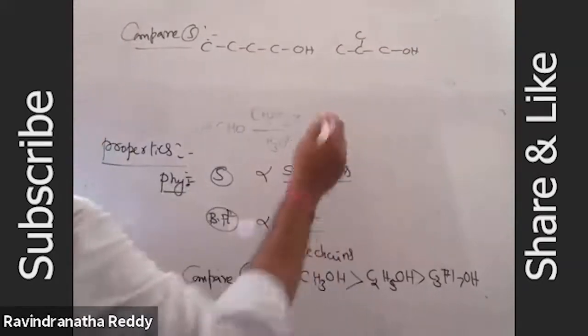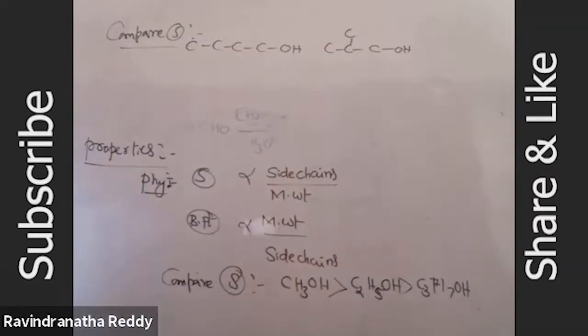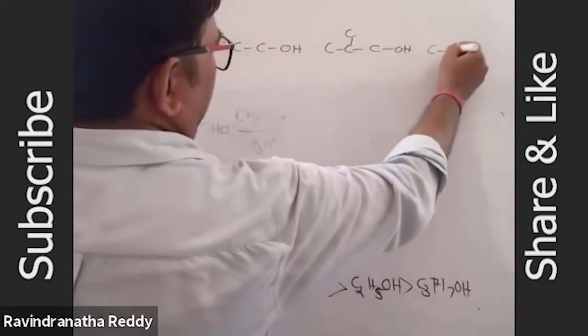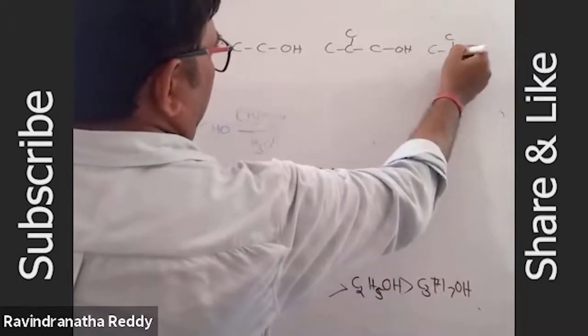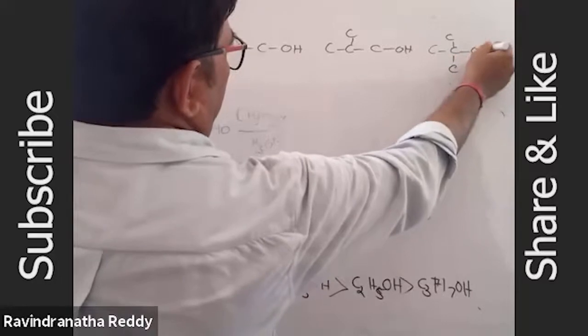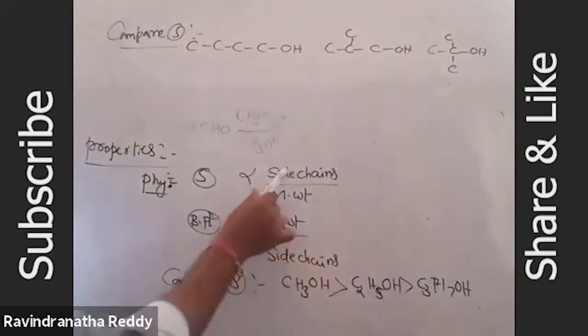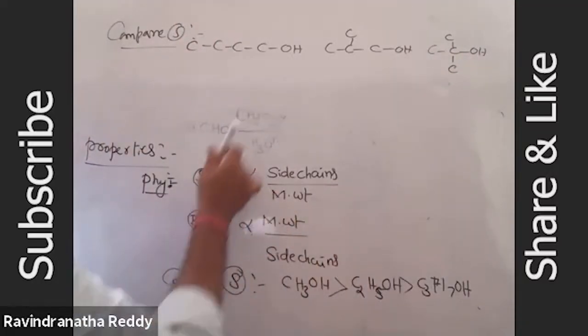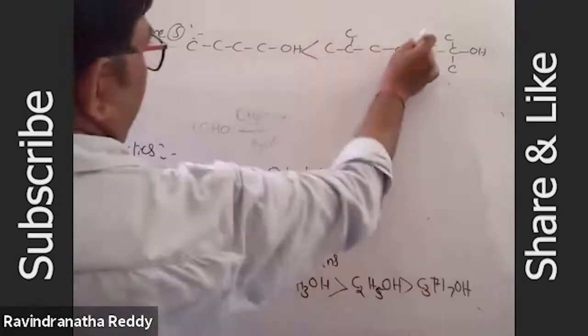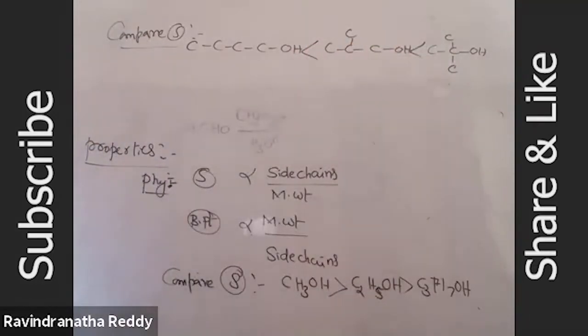Next, take here 2 side chains. Side chain number increases, solubility increases. What is the solubility order? Side chain number increases, attractions increase, solubility increases. Very good. Dharnivalan correct, Gayatri correct. Next to that one is similarly boiling point.